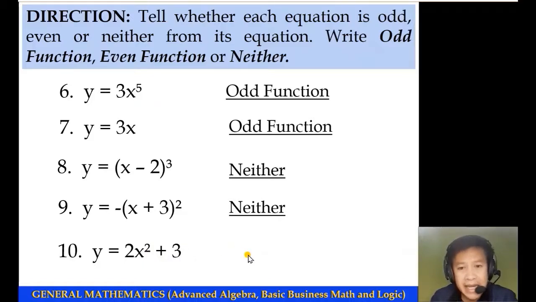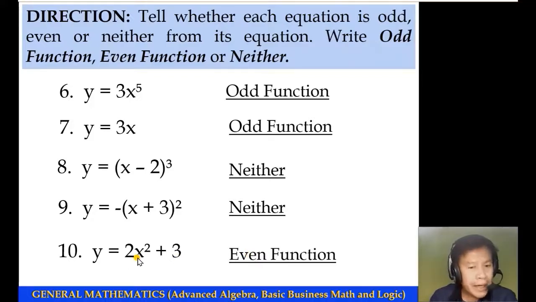Therefore, this is an even function, because this is a parabola opening upward in which our vertex is along the y-axis. Specifically, the vertex is (0, 3). If we graph this parabola, it is opening upward and the axis of symmetry is the y-axis, and that is symmetric with the y-axis.